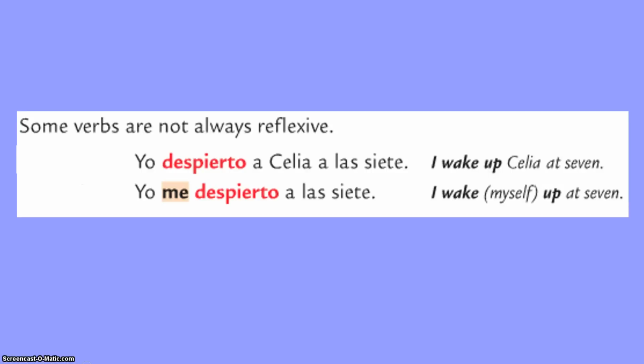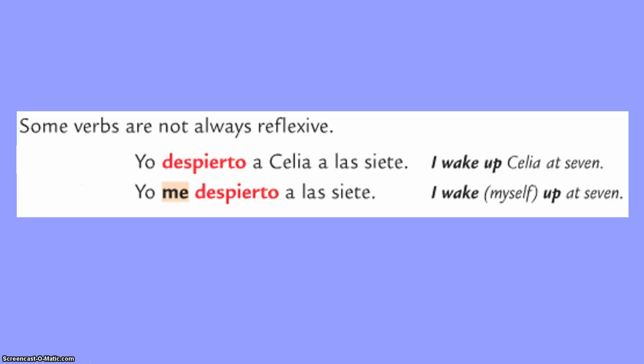Some verbs are not always reflexive though. Let's take an example of the verb despertarse, which you learned this chapter. In your mind, you're probably like, despertarse is always reflexive. Well, that's not necessarily true. Let's look at the first example sentence. Yo despierto a Celia a las 7. I wake up Celia at 7. Who is doing the action?